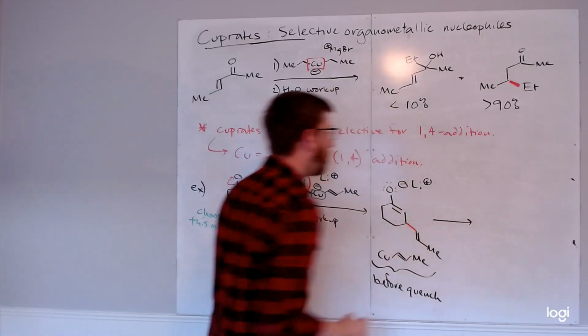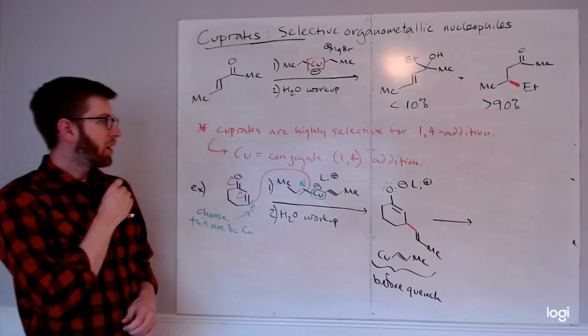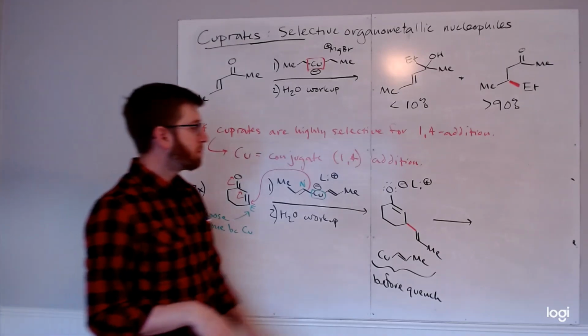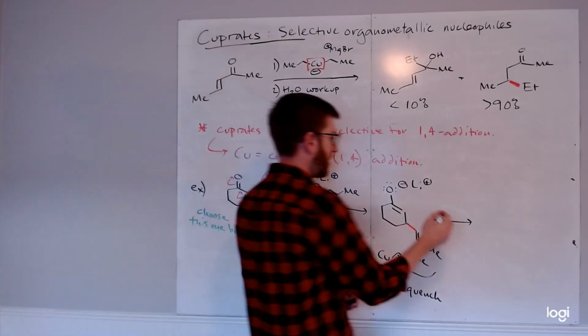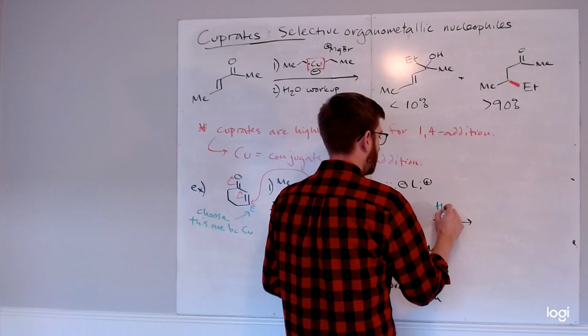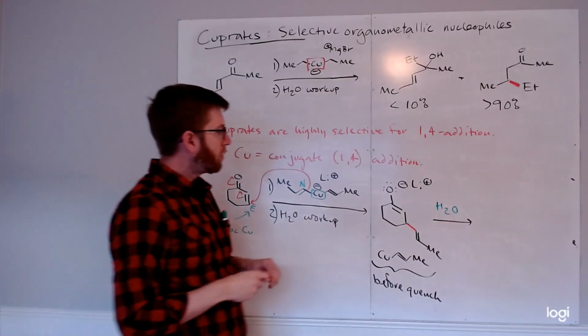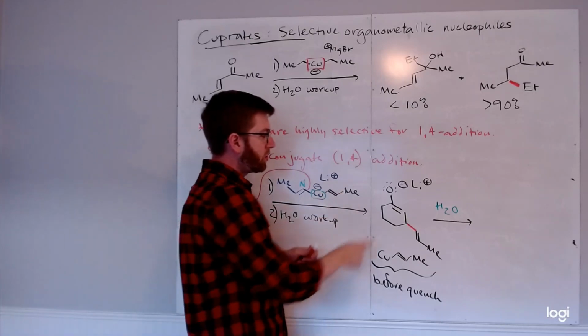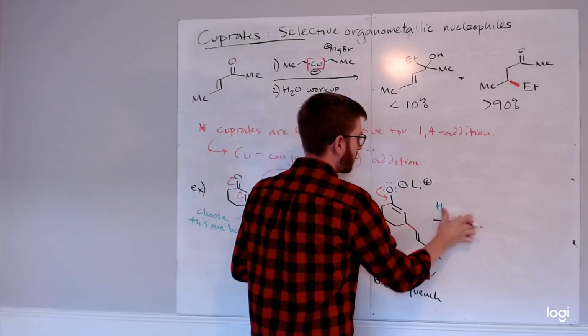So when we put water into this mixture, a couple of things happen. And the most important is that we can protonate the enolate. So the quench protonates the enolate. And that protonation will give rise to a new CH bond. So I'll actually draw my water molecule out.